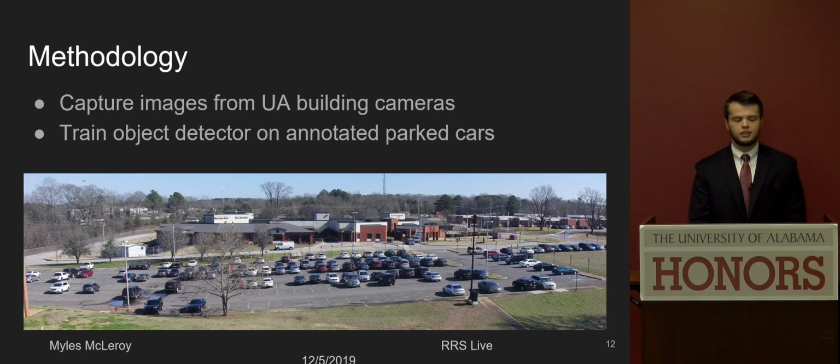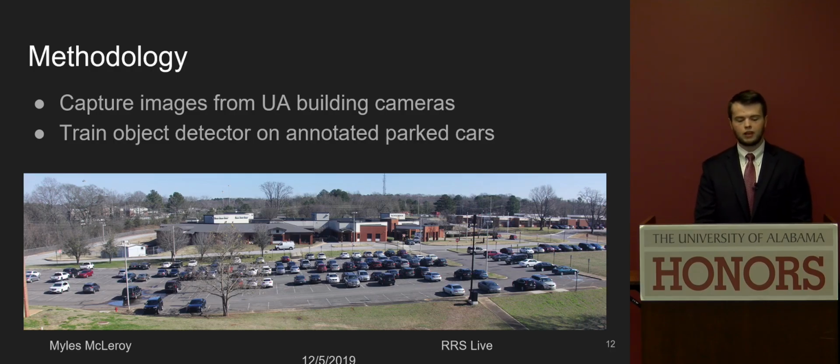So our methodology is to capture images from UA building cameras, and then we train the YOLO V3 object detector on each image to diversify our data set. So you might be thinking to yourself, that sounds a lot like CNR parking and PK lot. They had to manually label the images and then train their network and detect an output. But where this differs is you only ever train once.